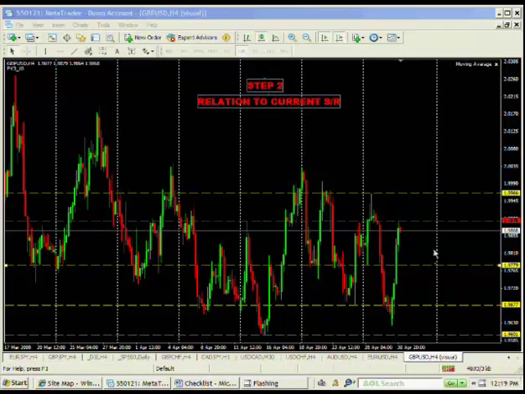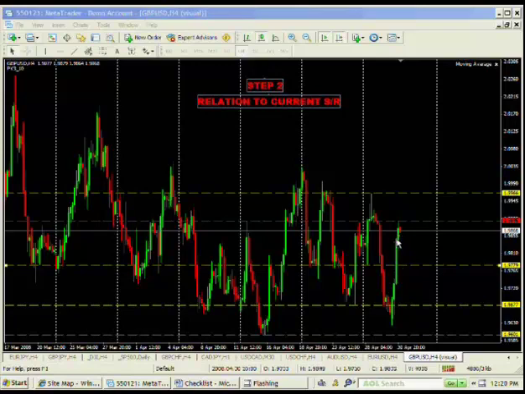So just based on what we know now about the established support and resistance levels and our current relationship to it, we already know a couple of things before we even go any further. We definitely are not considering any long trades. So that eliminates long trades right away.